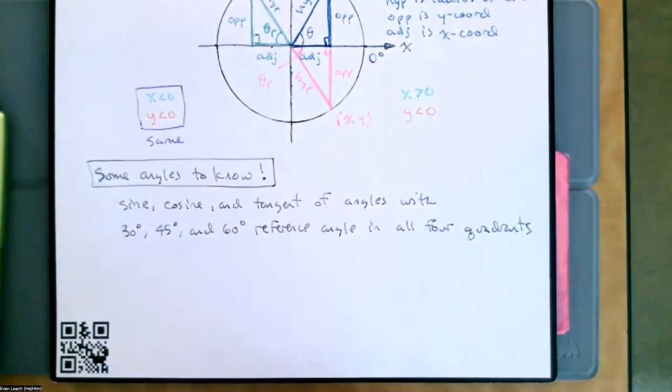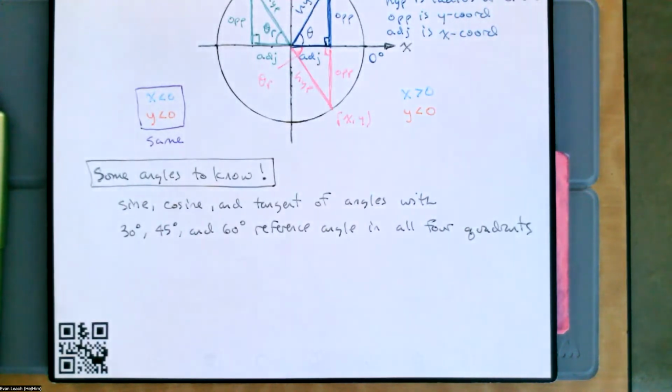We're going to want to know sine, cosine, and tangent of any angle with a 30, 45, or 60-degree reference angle in all four quadrants.